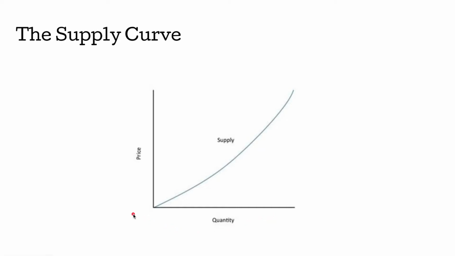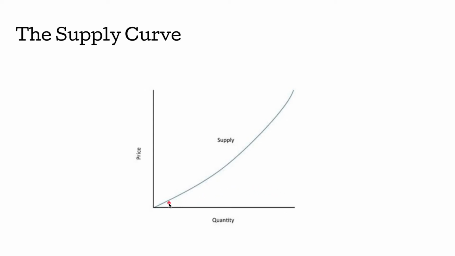In the demand curve example, this was the quantity demanded. But here, this is the quantity of strawberries supplied. If there is a high quantity of strawberries supplied, which would be more on the right side of this line, closer to the right edge of the quantity supplied axis, that means there is a high supply of strawberries, which means a lot of strawberries are being produced and put on the market for sale.